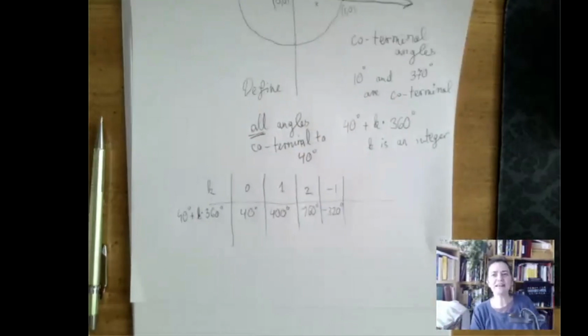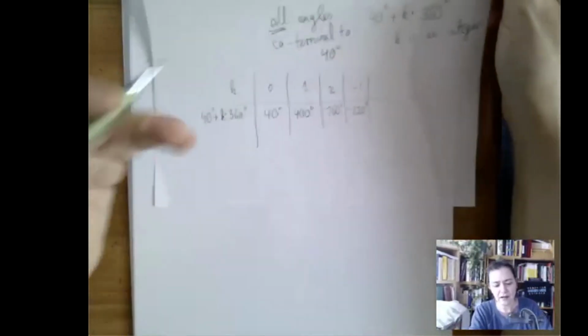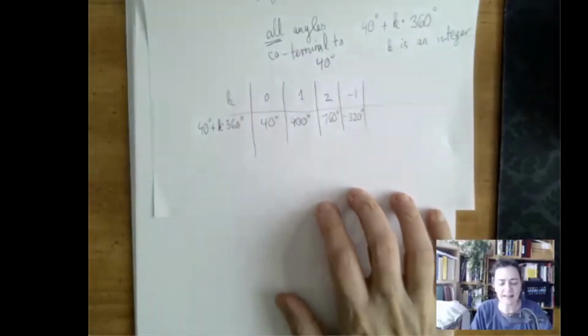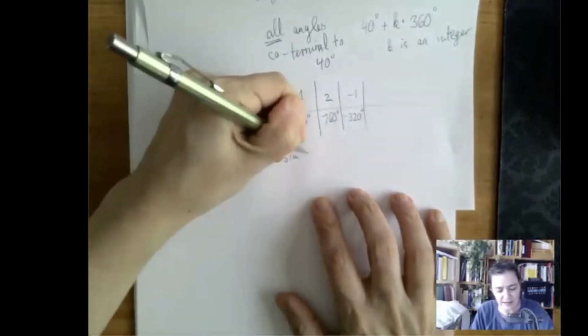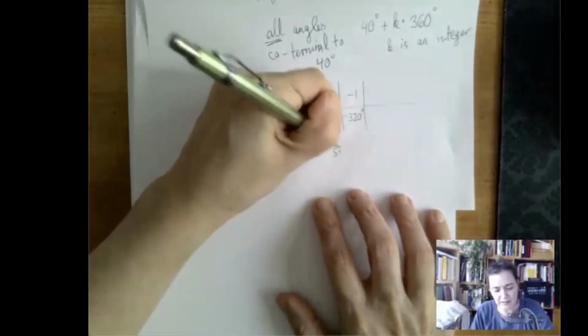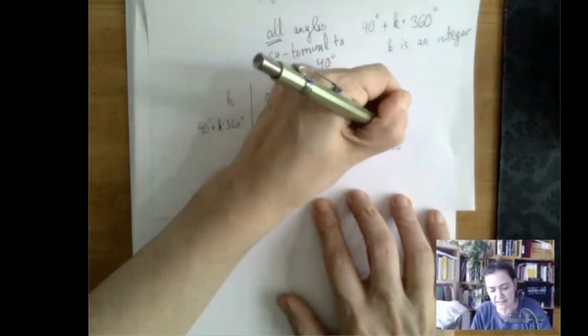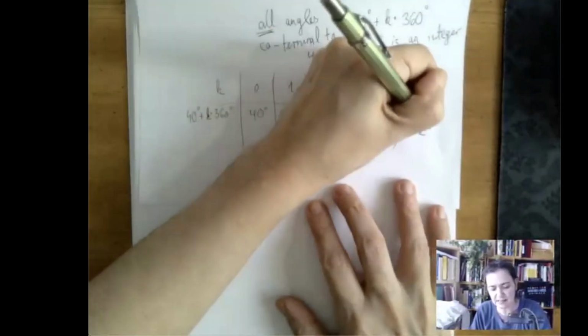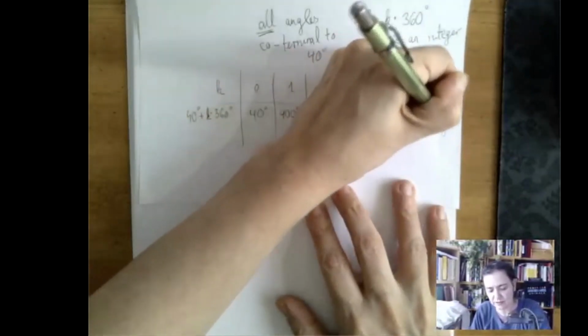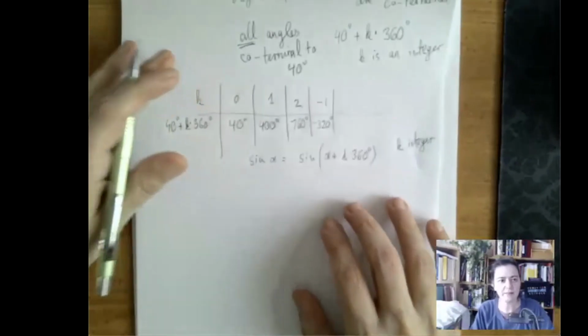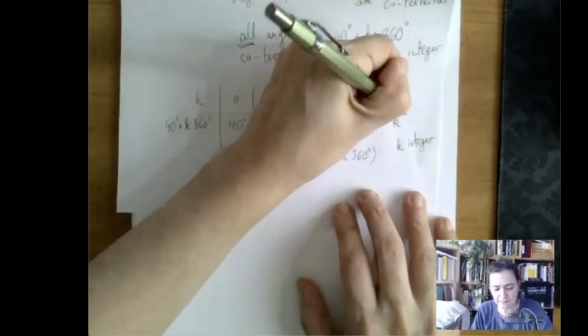That was the payment for rotational angles, right? And so there are six identities. Sine of alpha is going to be the same as sine of alpha plus k times 360, where this is annoying. We have to say k is an integer. There is a shorthand for this.